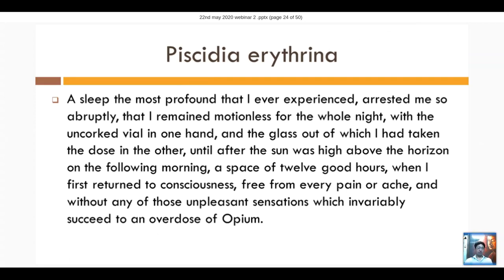So now coming back to the discussion which we were doing, we discussed essence, totality, and keynote. Now we will see how clinically we get a combination of these.